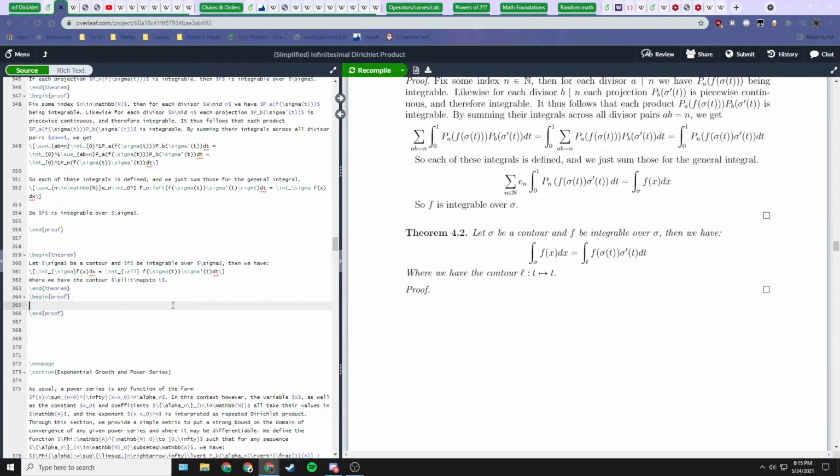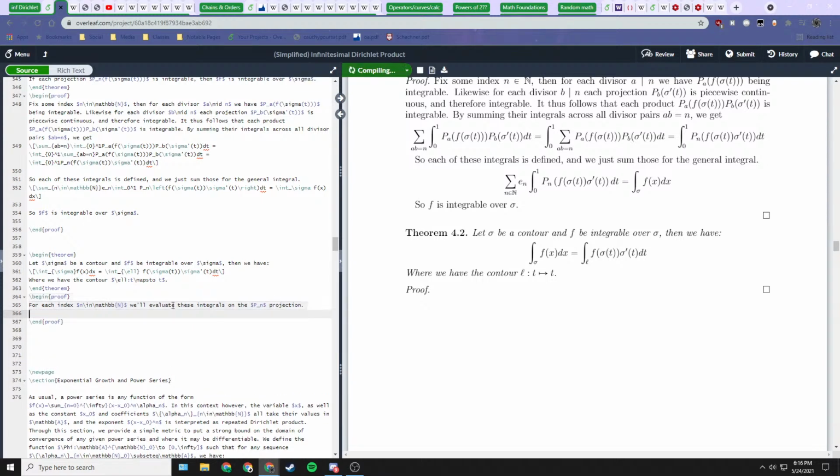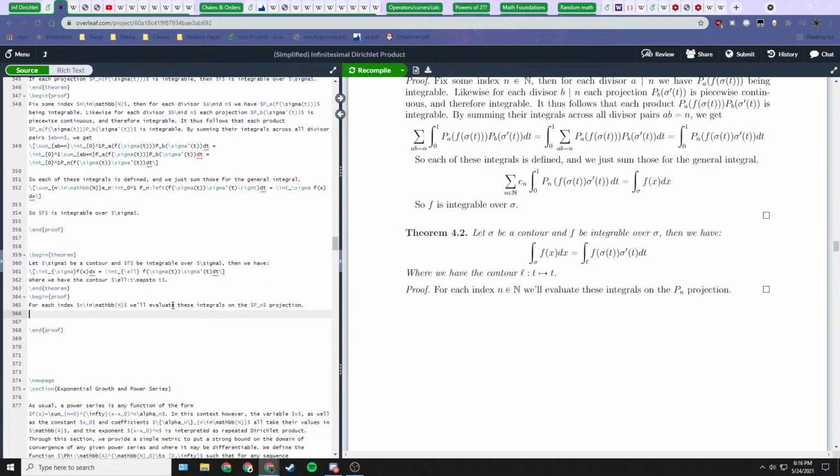So we'll say for each index n, we'll evaluate the integrals on the nth projection.